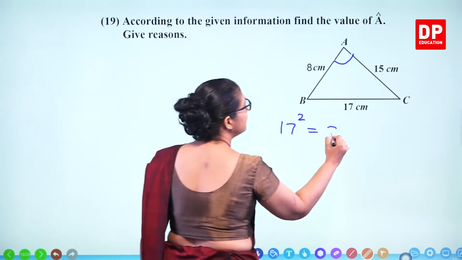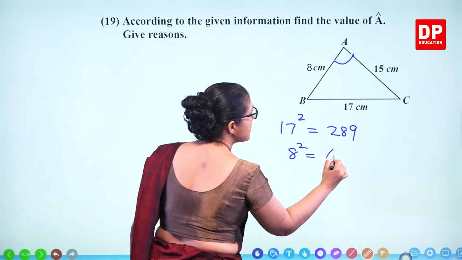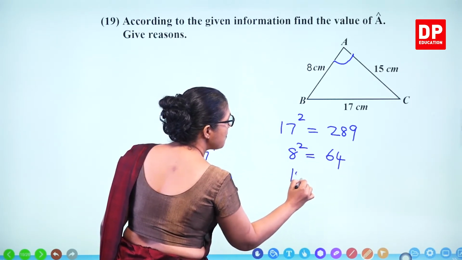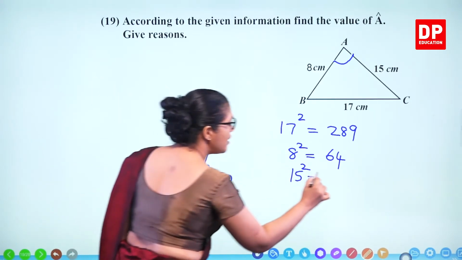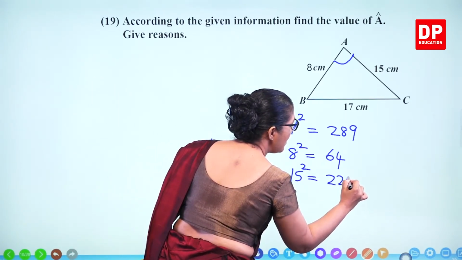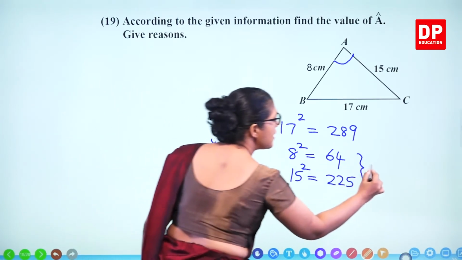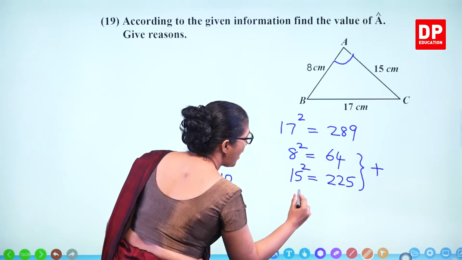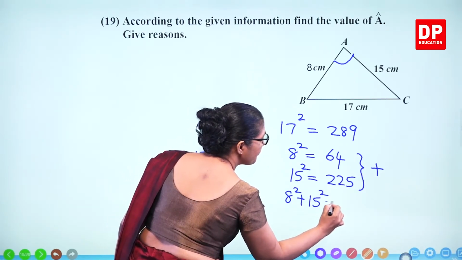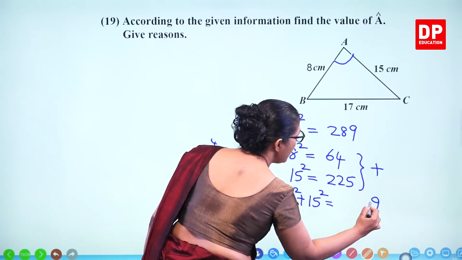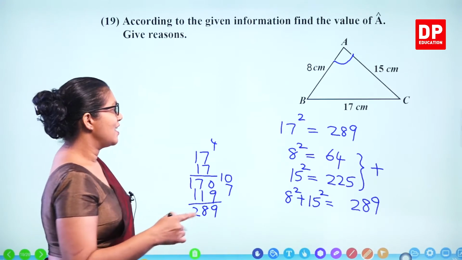289. What's 8 squared? 8 times 8, 64. 15 times 15, 15 squared, can you remember? 225. If you can't remember, do it separately. Now we'll add and see what happens. When you add these two, you get 289. What can you see?